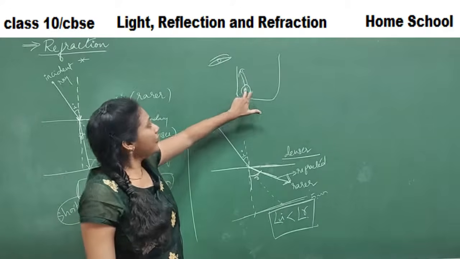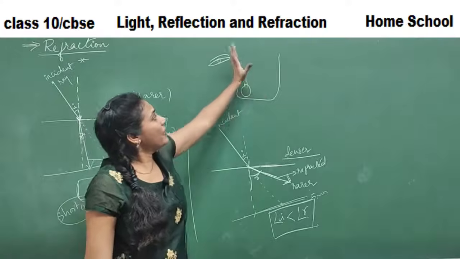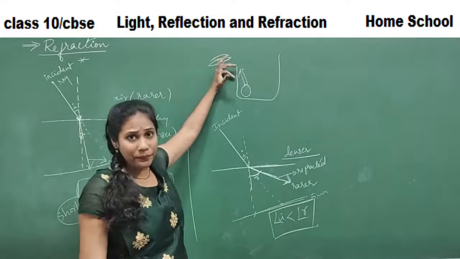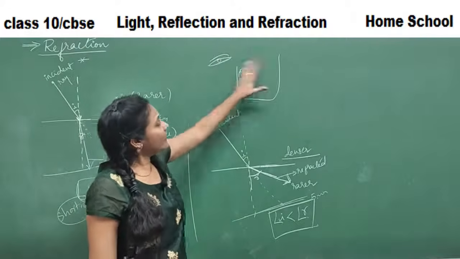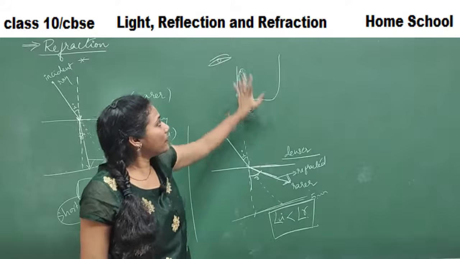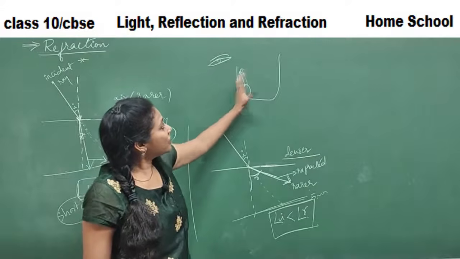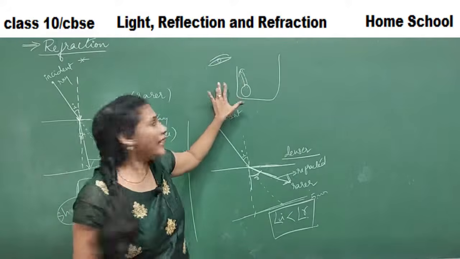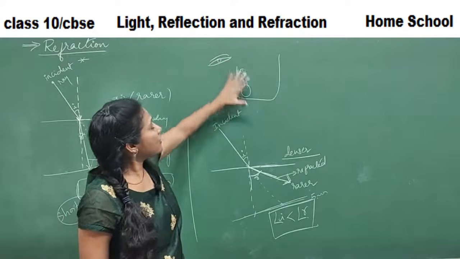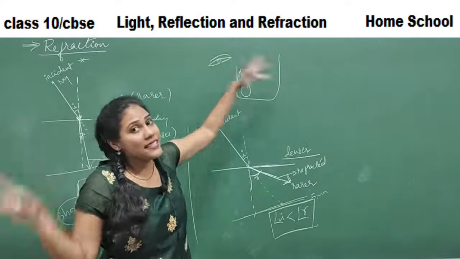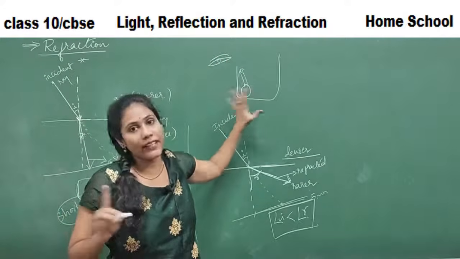Yes or no? If the rays coming out of the coin are not reaching my eye, I cannot see the coin. Here, when there is no water, the light rays coming from the coin were blocked by the surface of the beaker or bowl. This surface is not allowing rays to reach my eye. That's the reason I couldn't see the coin.